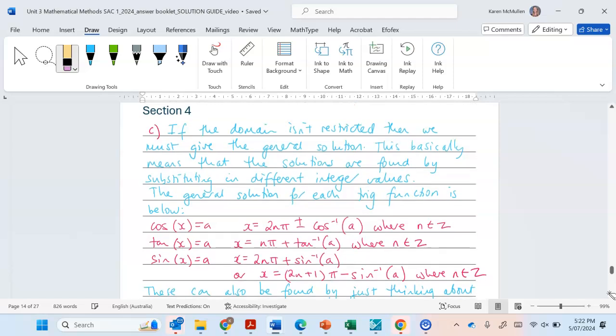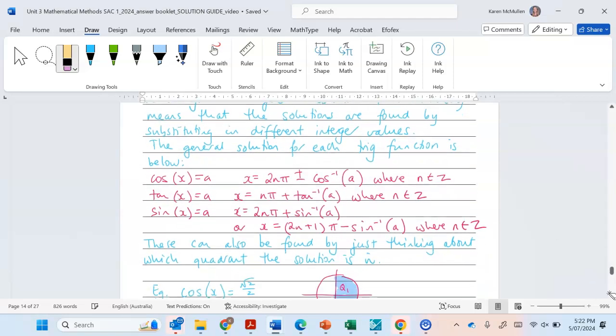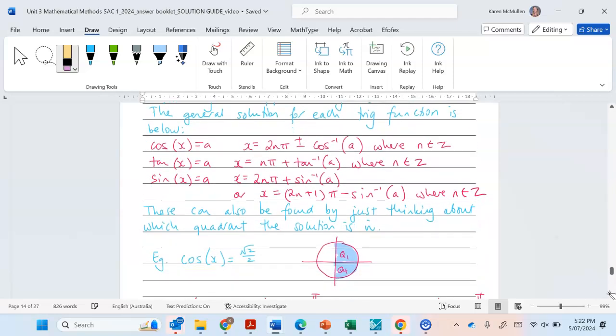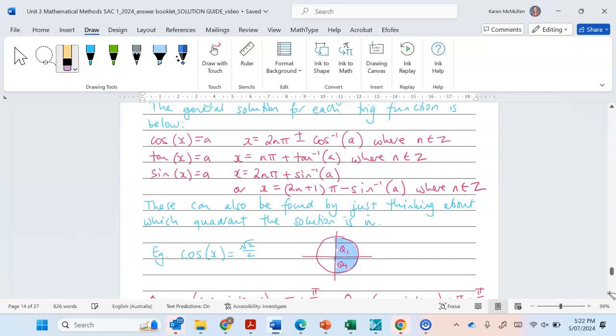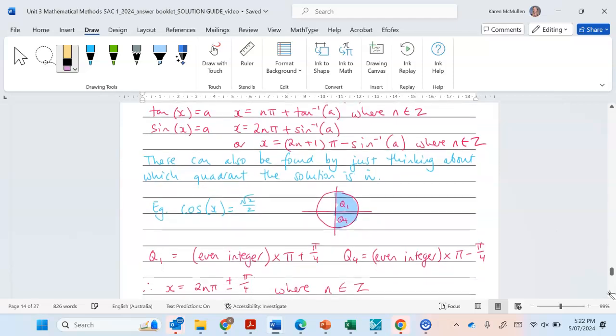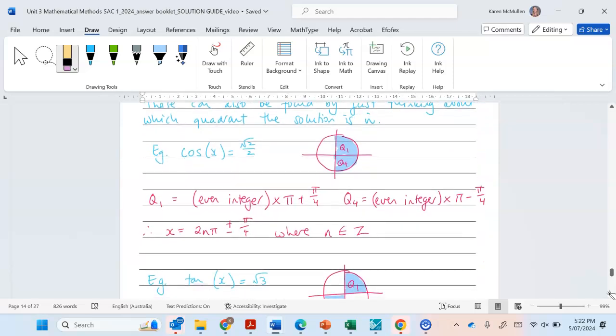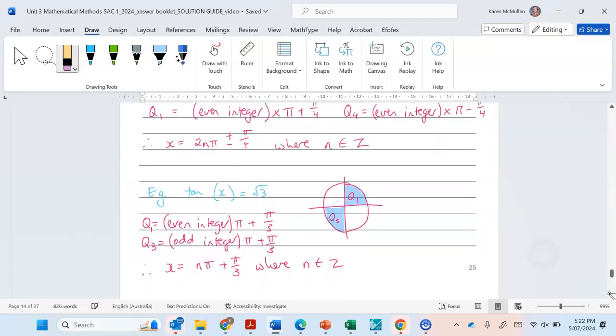What I've got there in pink, if you just wrote that, or the equivalent, I didn't give you full marks, because you could have just copied that straight from the textbook or from your bound book. What was important was actually talking about how the general solution comes about.